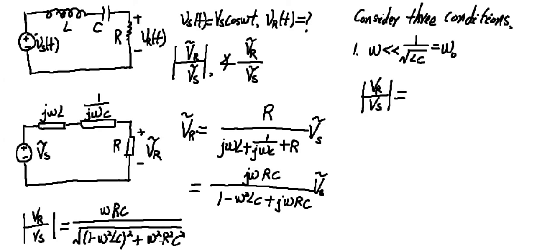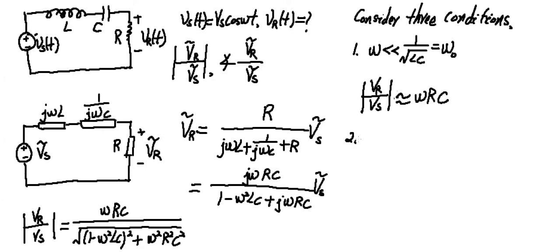Also, the other term is much smaller than 1 because we assume an underdamped case, so R here is smaller than the characteristic impedance. So the denominator is dominated by the constant 1, and for the numerator, the leading term is just omega RC. So VR over Vs is approximately equal to omega RC.